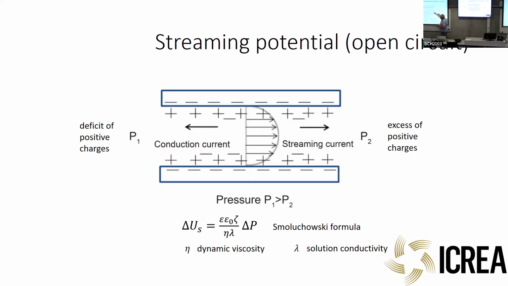But due to the parabolic velocity profile, you increase the volume charge density more at the surface. That's why the increase of the streaming current is slower than the increase of the surface conductance. And basically, this gives rise to a dependence with the maximum I have already spoken about.